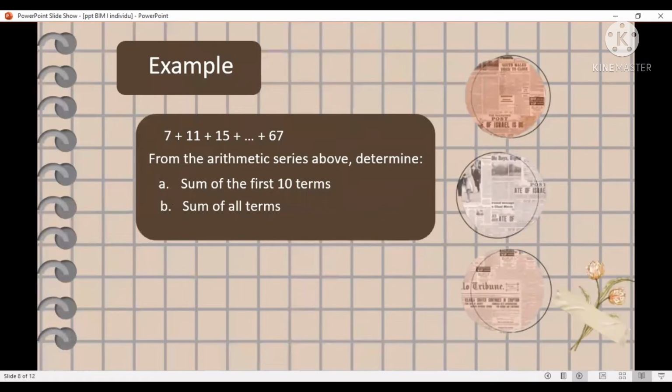Next, there is an example of an arithmetic series. There is 7 plus 11 plus 15 up to plus 67 from the arithmetic series. Determine A, the sum of the first 10 terms, B is the sum of all terms.